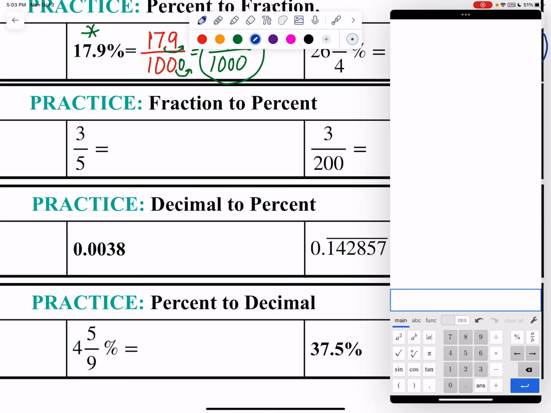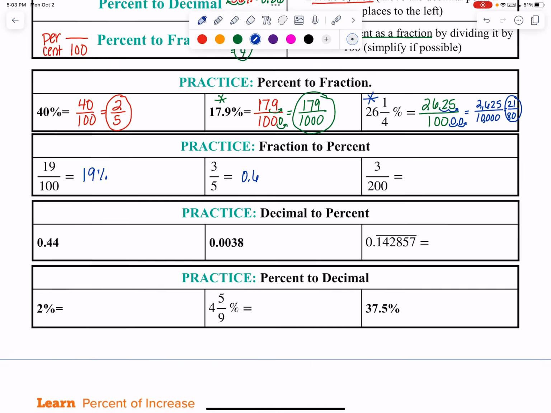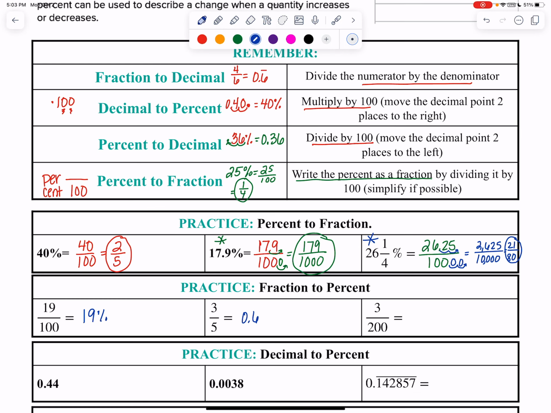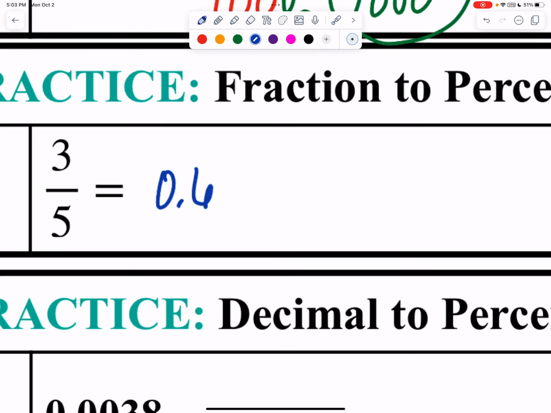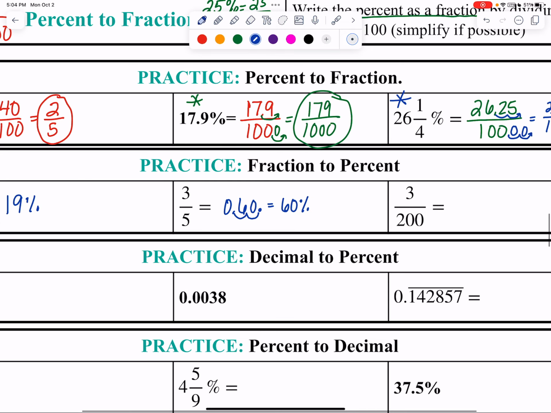The easiest is just to go 3 divided by 5, and I get 0.6, and it's really easy for me to turn a decimal now into a percent, okay? So remember, from decimal to percent is just multiply by 100, okay, which is also 1, 2 swoops. And so there we go. I have 60%. Okay. All right, let's look at your next one.